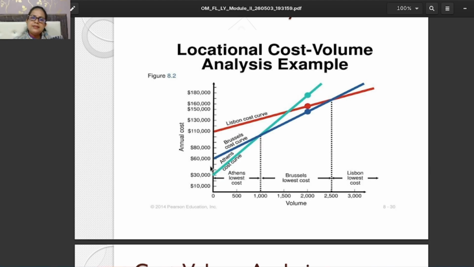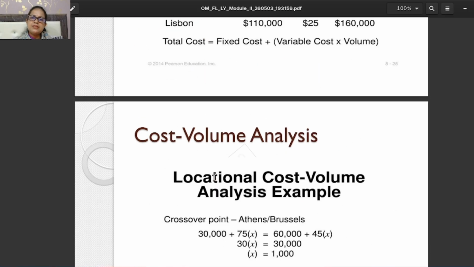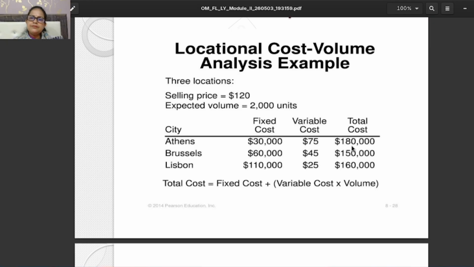Like that, for Brussels, our fixed cost is 60,000. So we will get one point here. Another, if you see, the total cost is 1,50,000.